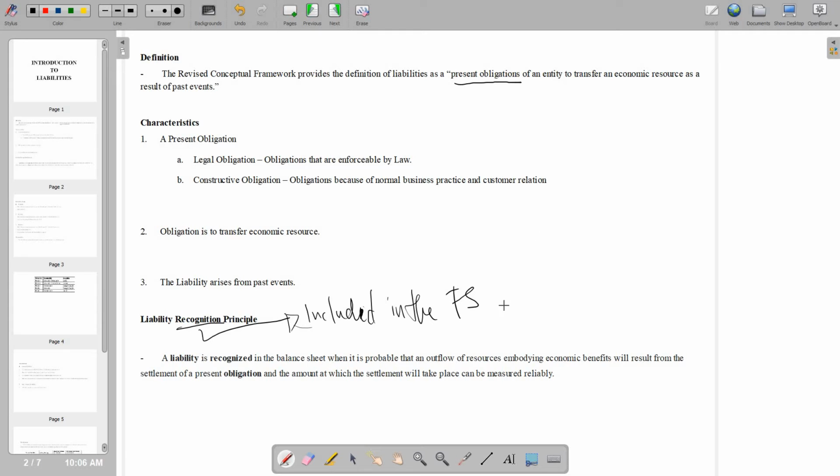For liabilities, we specifically say that it is recognized if it is recorded in the balance sheet. For it to be recorded in the balance sheet, a liability should be probable, and number 2, it should be measurable. So, those two must be present. So, how do we know that the liability is probable and measurable?